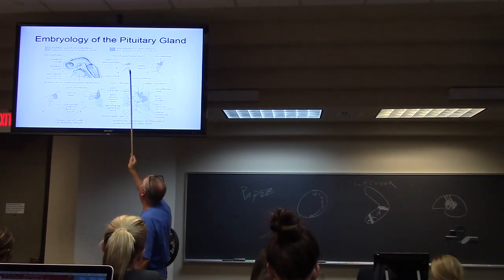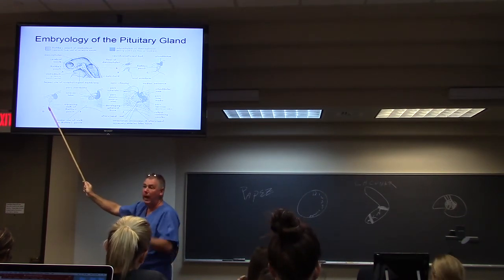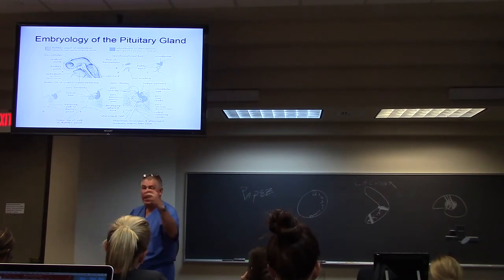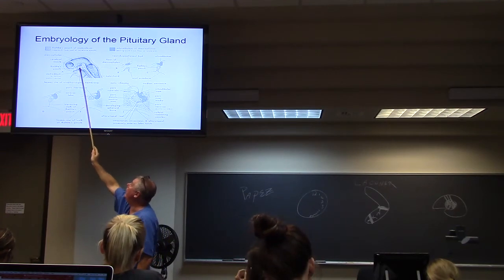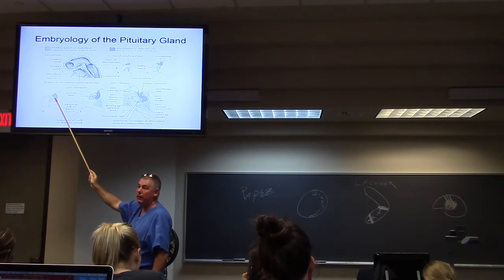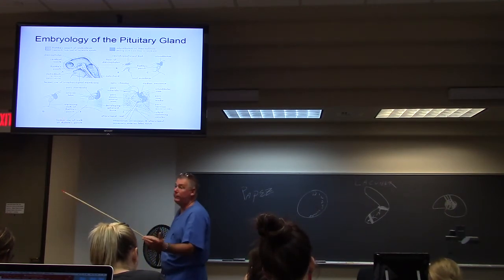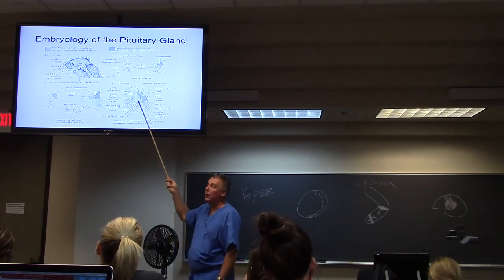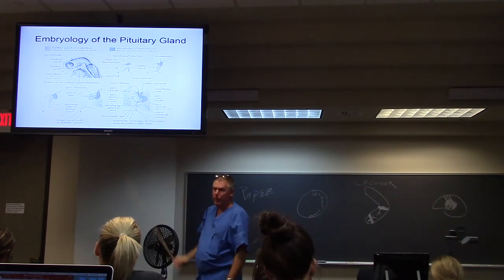You see here, it ascends up, loses its connection to the top of the mouth, and abuts a diverticulum growing down from the early nervous system, forming in the adult two different structures: the anterior pituitary from Rathke's pouch, the posterior pituitary from the developing nervous system.